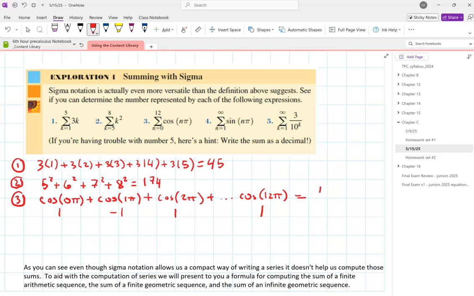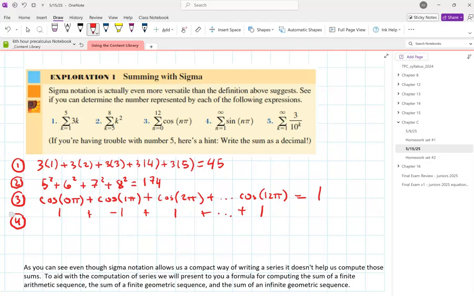It's an even one, so it's 1, so we're going to end up with a 1. Again, you could have typed that all into your calculator. I'm just trying to not make my life so difficult.